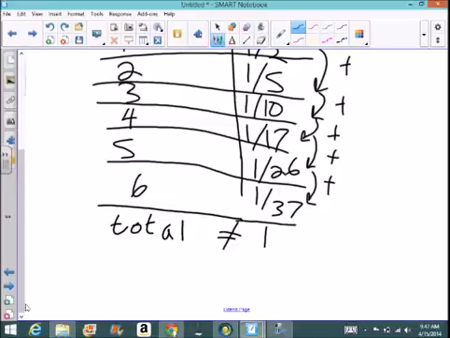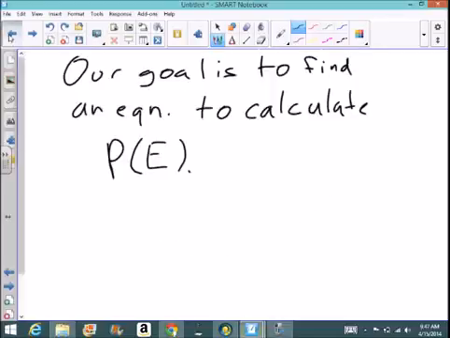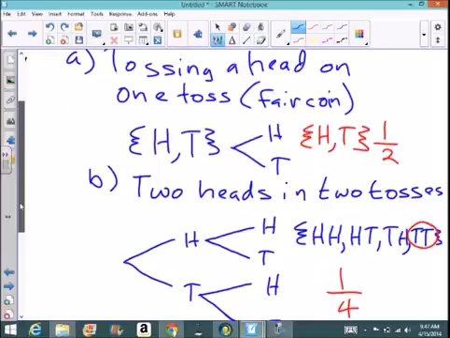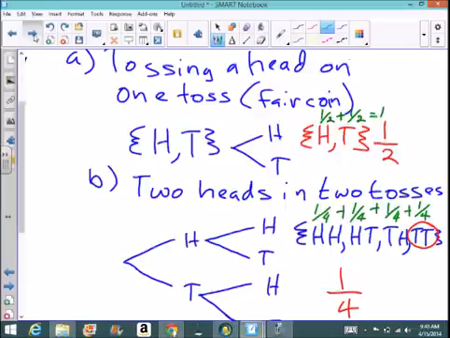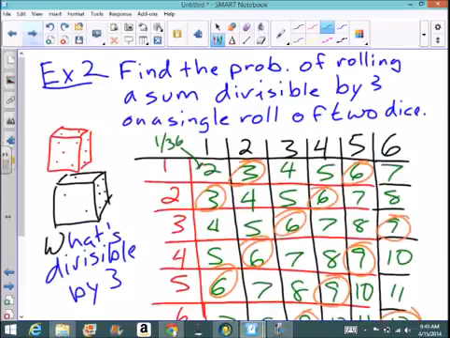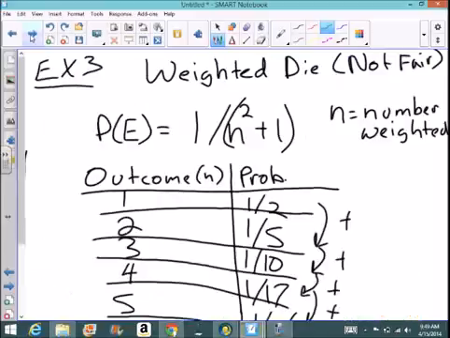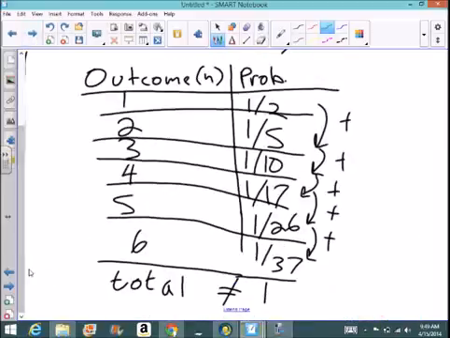Well, if we go back and look at every example we've done up until this point, we'll see that all of the sums should equal 1. So in our first example, the probability of me getting a head on the toss of a fair coin, I have a 1/2 chance of getting heads, 1/2 of tails. When I do 2 tosses, I have 1/4 plus 1/4 plus 1/4 plus 1/4. With the die, I have 1 out of 36, but that's 36 possibilities.